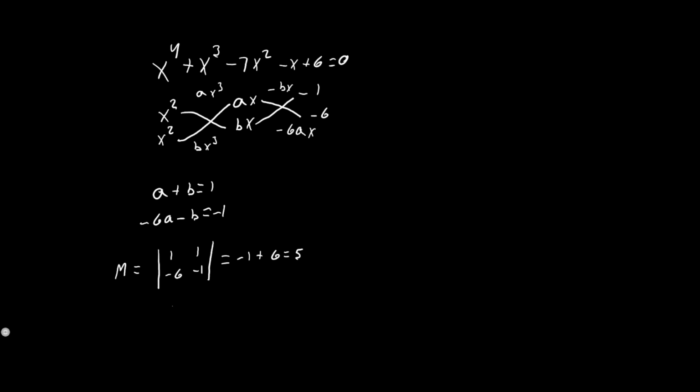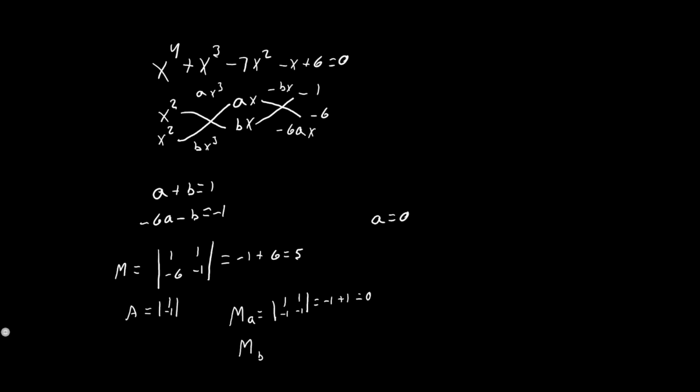So that's our determinant. And our answer column is 1 and negative 1. And we're going to find a. So here we have 1, negative 1, 1, negative 1. So we have negative 1 plus 1, which is equal to 0. So we get a is equal to 0, since 0 divided by 5 is 0.